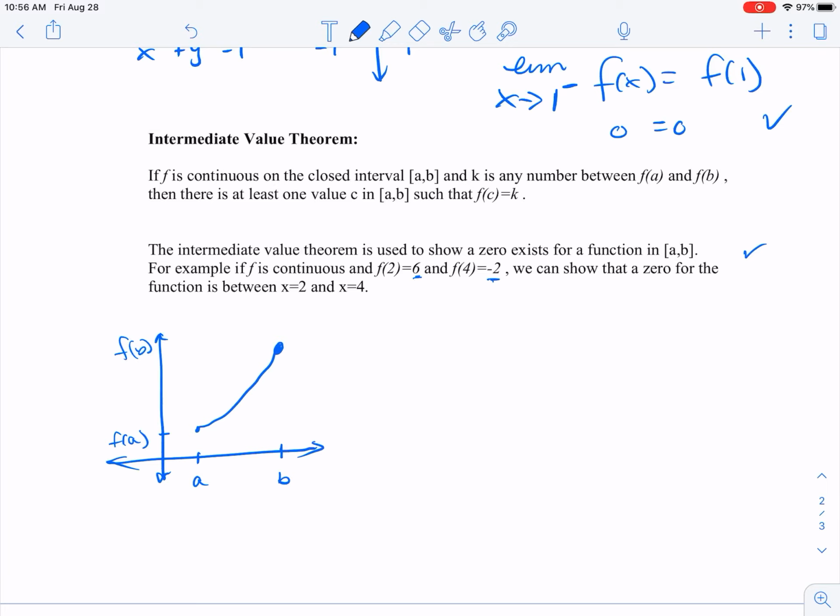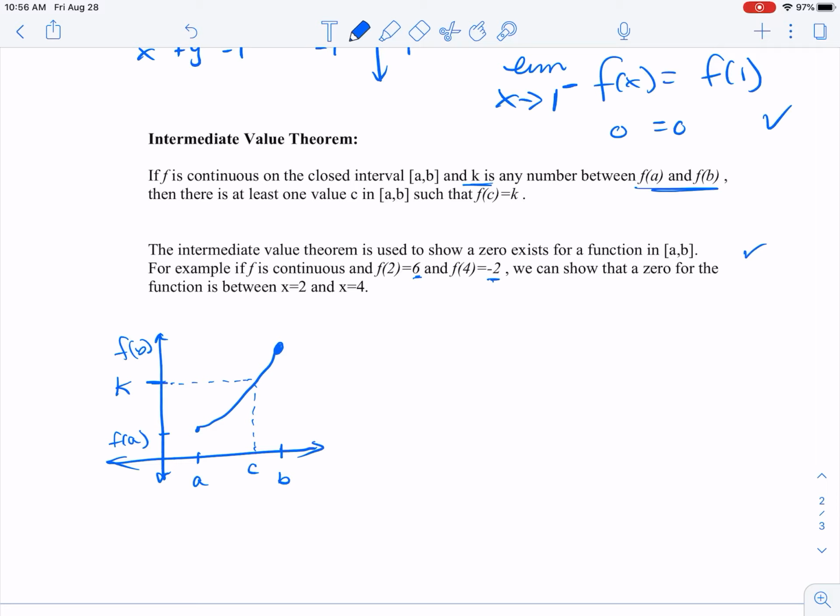What the theorem says is that there's a k between that, and this is important. If you're given a y value between the y's, it's not an x between the x's, they're giving you a y between the y's, then there has to be a c value in between a and b.